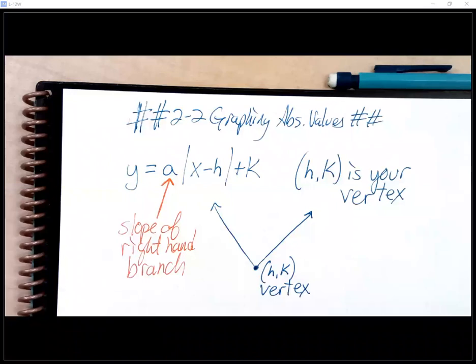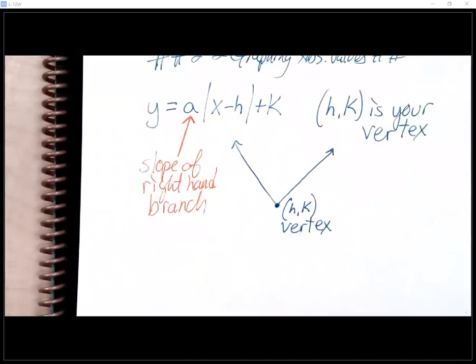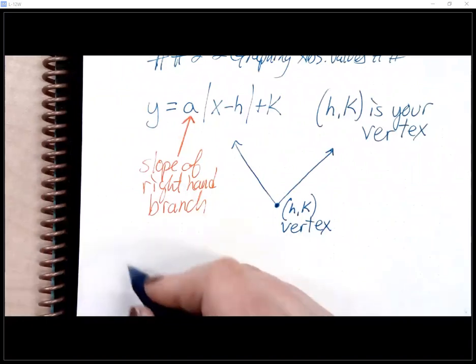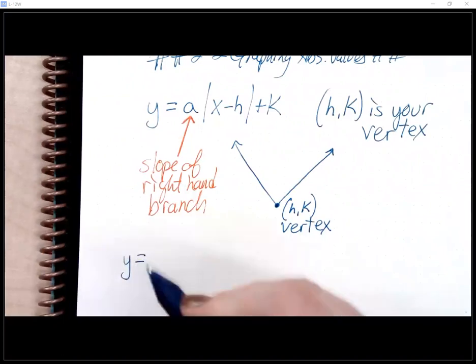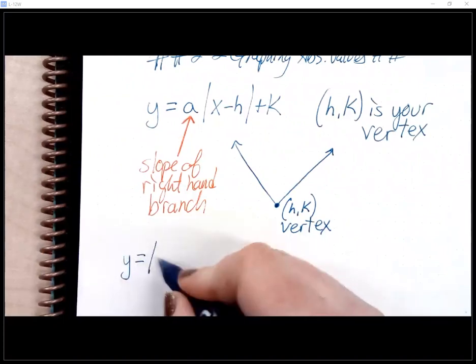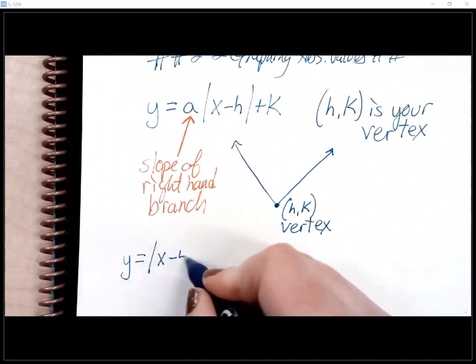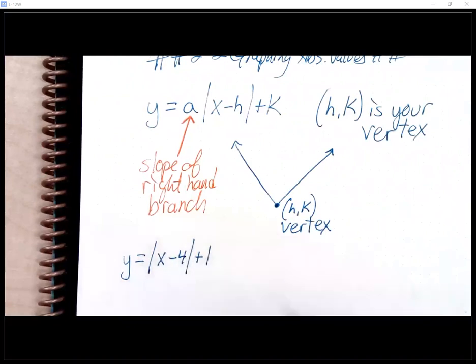So before we take a look at trying some of these on the paper here, let me just give you an equation and see if you can tell me where the vertex would be. Okay, and it gets a little weird sometimes. So let's say you had an equation like this. Let's say it was the absolute value of x minus 4, plus 1. So if you look at this general formula, I know the vertex is going to be at h comma k.